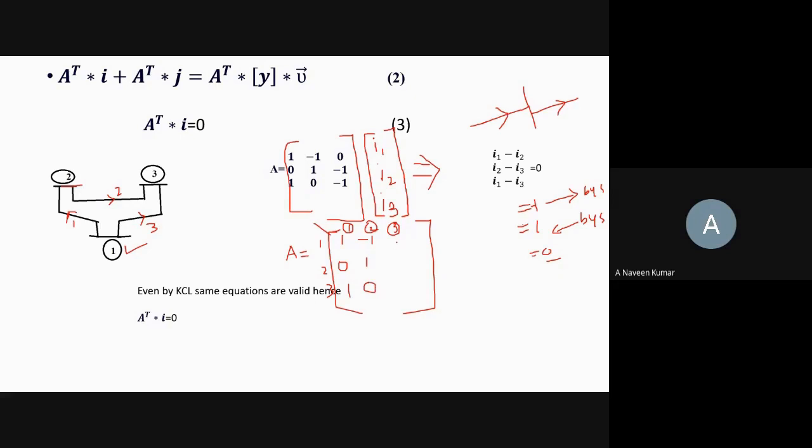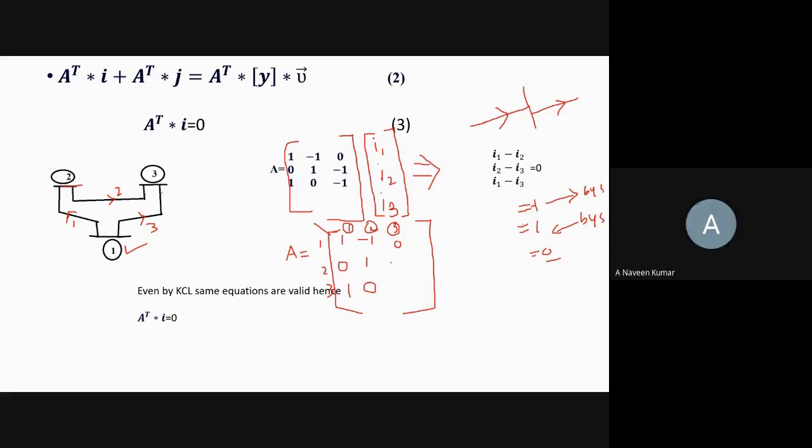Coming to bus number 3, how many connections are there? 2 connections. Is element number 1 connected to bus number 3? Is there any connectivity here? No, sir. So this is 0. What about element number 2?